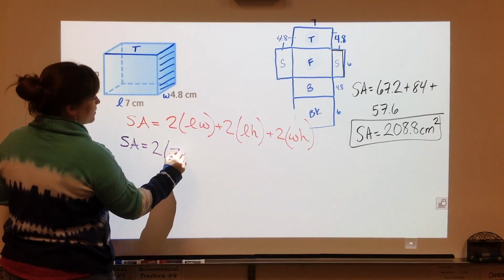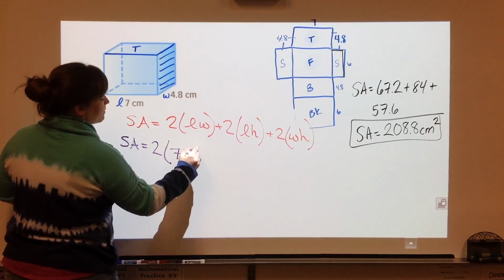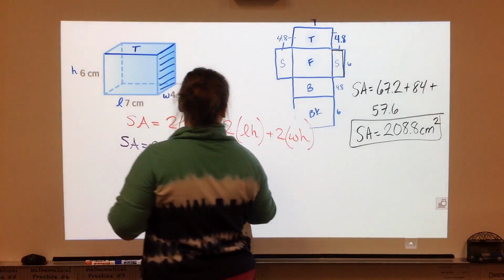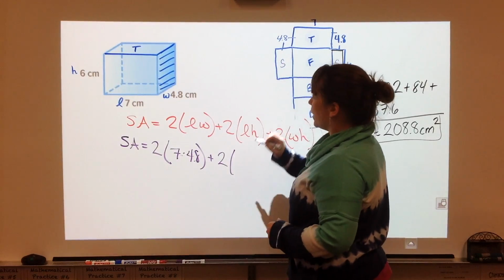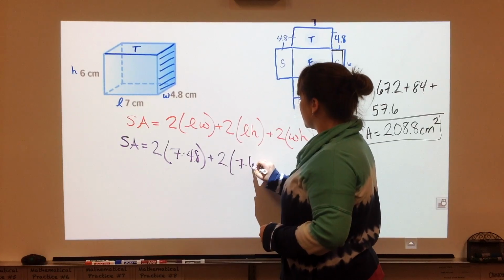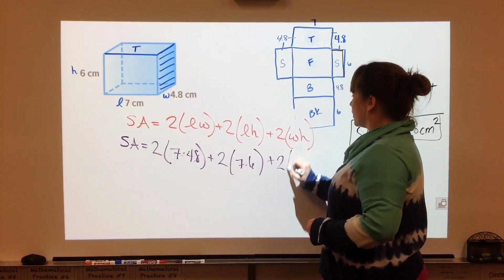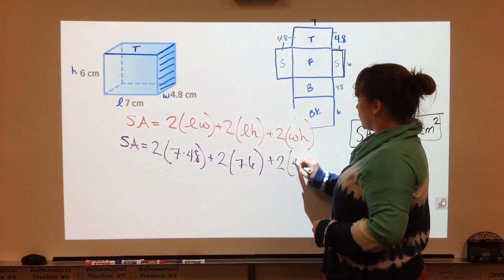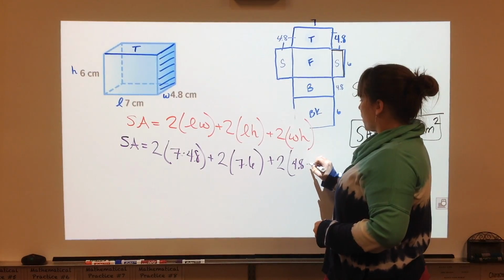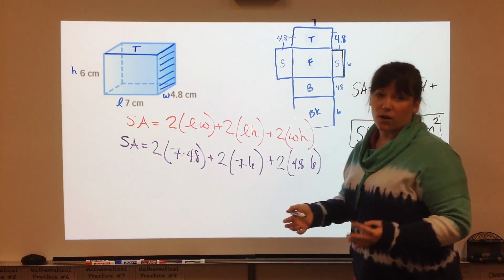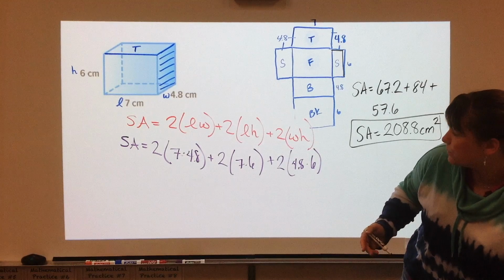So that's the 7 times the 4.8. Then we're going to double the length and height, which is the 7 and the 6. And then we're going to double the width, which is the 4.8 and the 6. The numbers are the same, so fill those in.